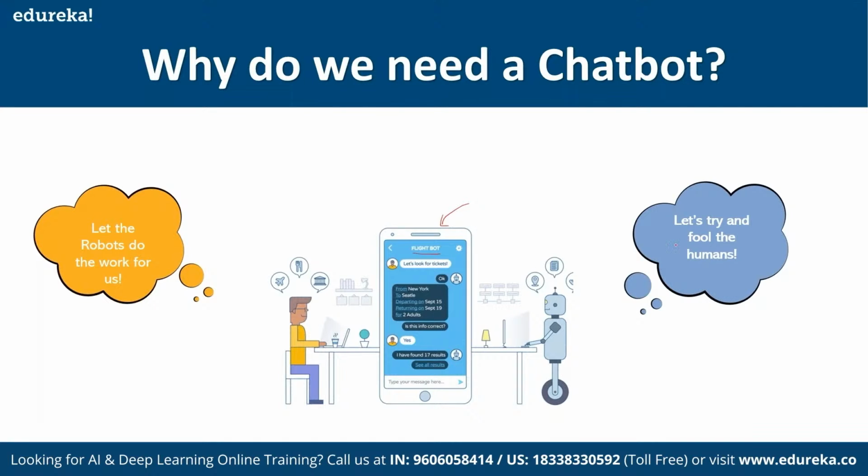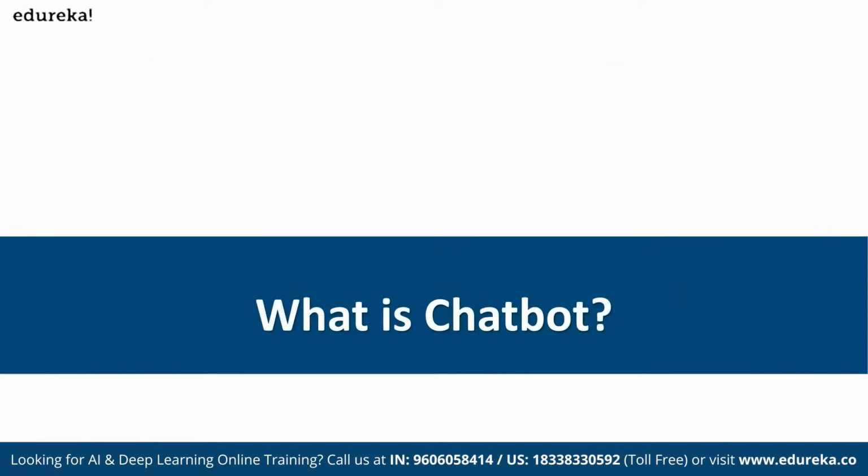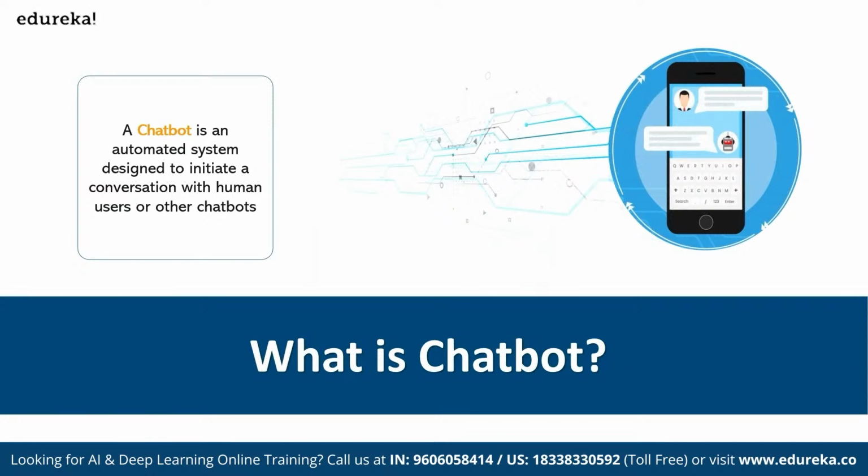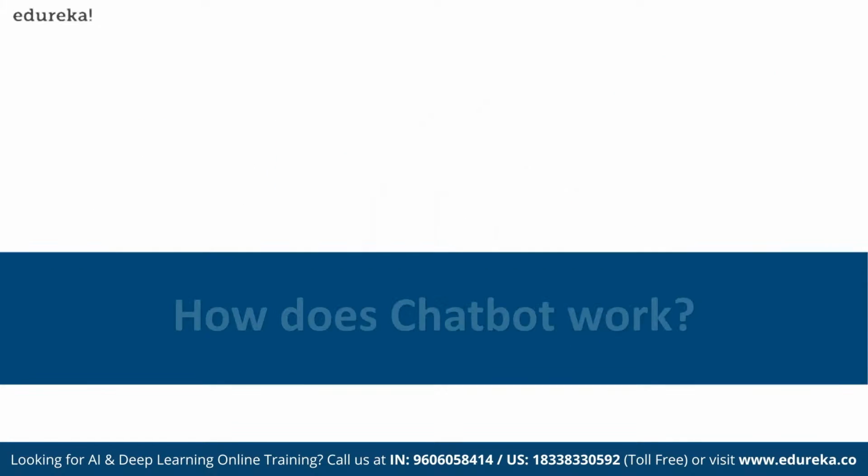The chatbot will mimic the human being, and therefore you will save a lot of man hours, which will lead to more efficient working, and you will save on manpower also. This is the benefit of a chatbot. A chatbot is an automated system designed to initiate a conversation with human users or other chatbots. So it is basically mimicking a human being.